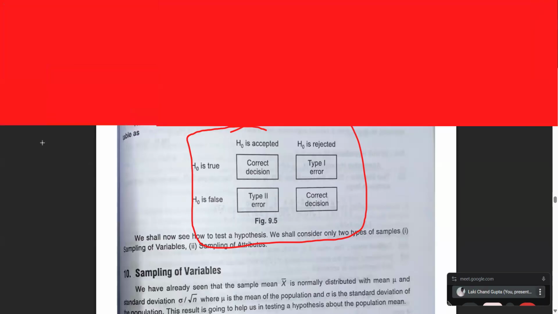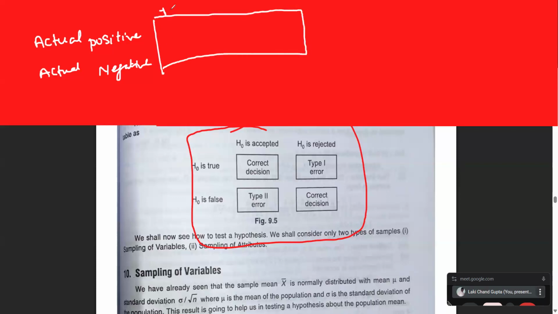For example, actual positive, actual negative, predictive positive, predictive negative, right?